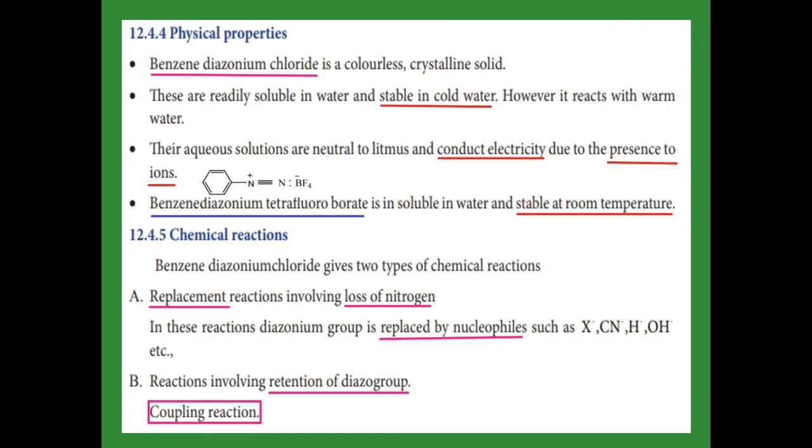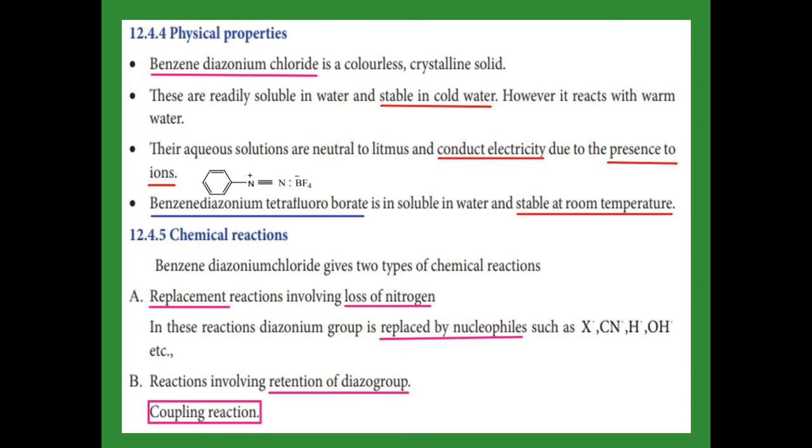The next one, benzene diazonium tetrafluoroborate. This one is stable at room temperature, while the other benzene diazonium salts are stable only in cold conditions. Only benzene diazonium tetrafluoroborate is stable at room temperature.